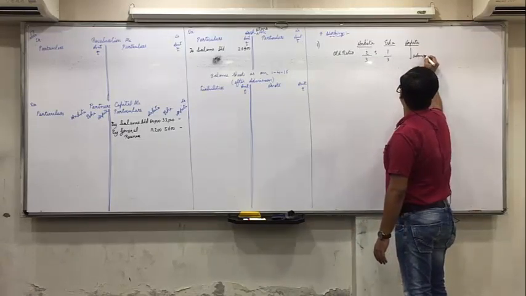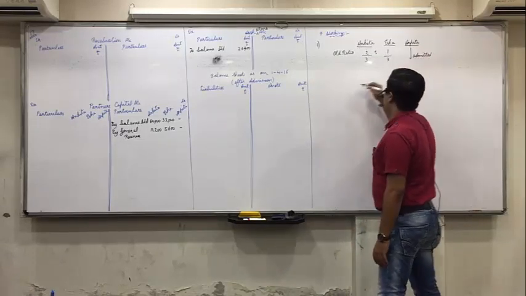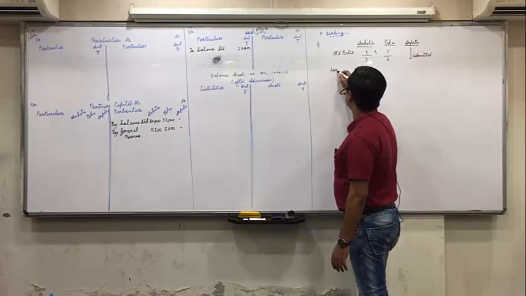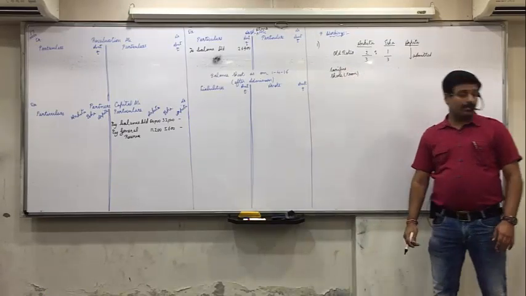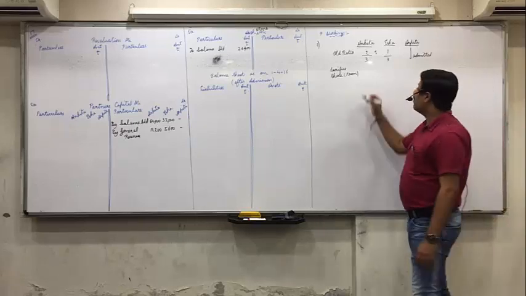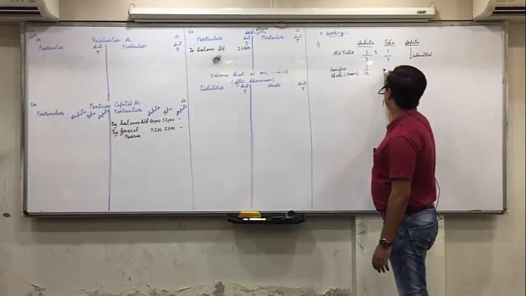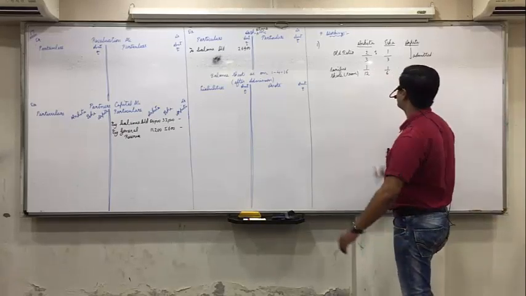Arpita is admitted and you are given sacrifice share, which we understand from the word from. 1 by 12 and 1 by 6. Yes, 1 by 12 and 1 by 6.